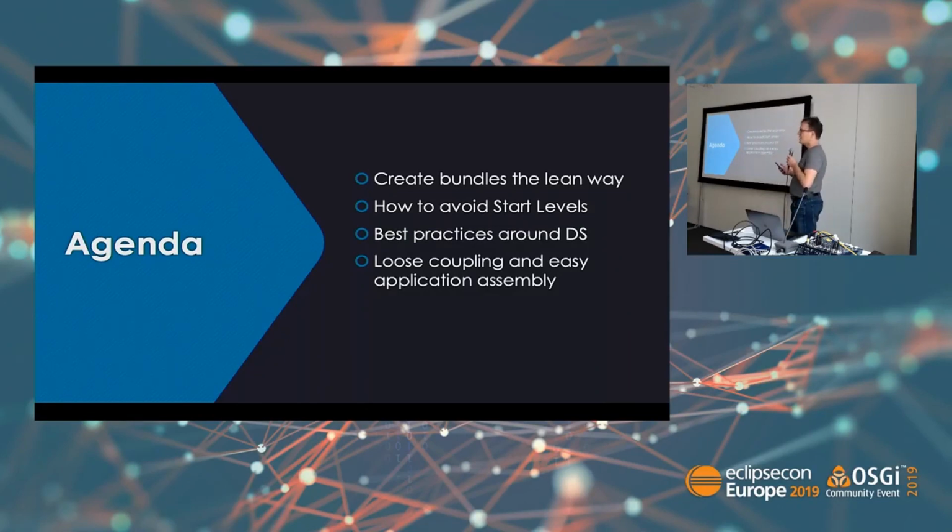So how to combine the idea of loose coupling at design time with the requirement that you don't want too much effort on application assembly, because when things are so loosely coupled that you don't find the things together, then it's also not really good. It might be a nice architecture, but the one who does your assembly, mostly yourself, will not be so happy. So I'll look into that too.